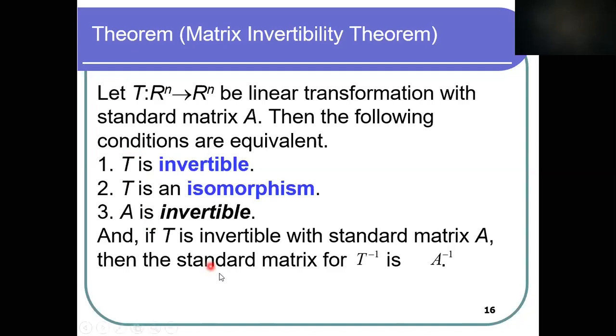If one of the conditions holds, the others are equivalent to it. If I say T is invertible, it means T is isomorphic and A is invertible. Whenever I say T is isomorphic, it means T is invertible and A is invertible. And whenever I say A is invertible, it means T is invertible and T is isomorphic.